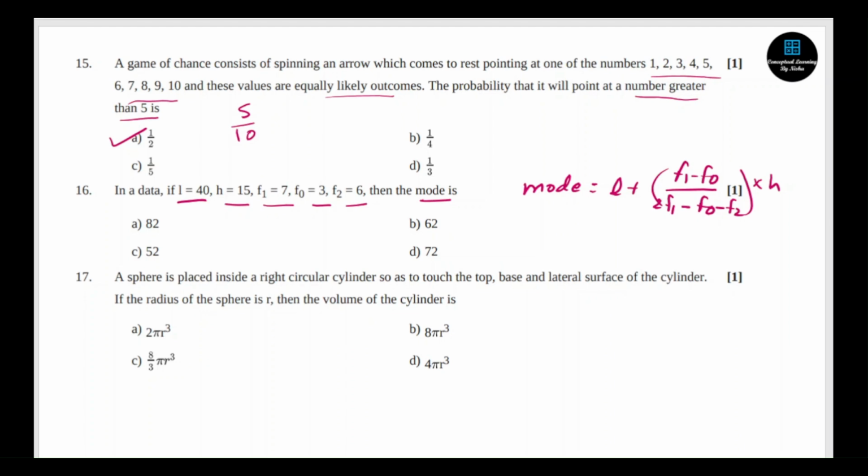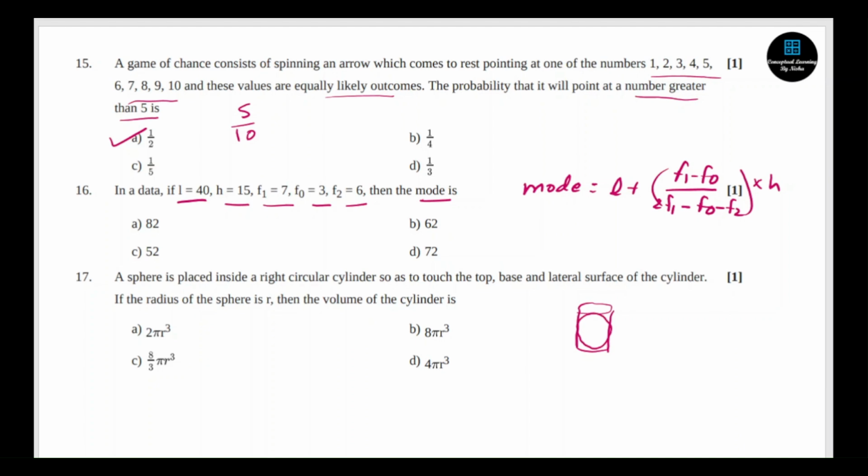Now a sphere is placed inside a right circular cylinder so that it touches the top, base and lateral surfaces. Alright. So that means let's say I have the cylinder here and the sphere is placed just like this.